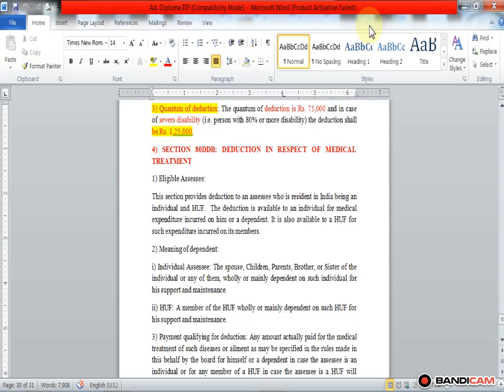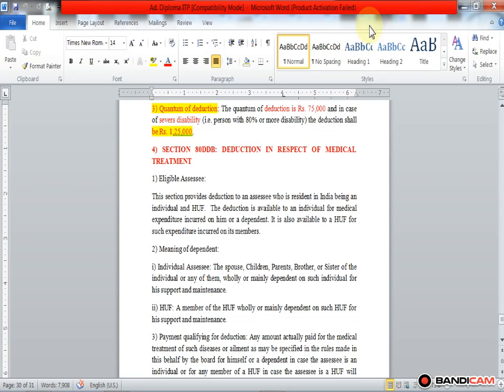The medical expenditure incurred on that dependent person, for example spouse, children, parents, brothers or sisters, will be allowed as deduction for that assessee.